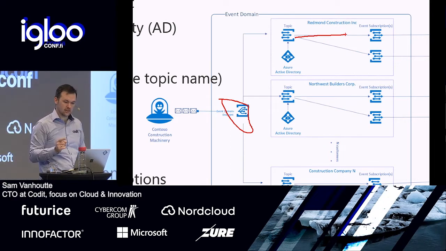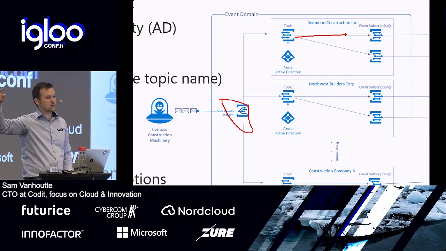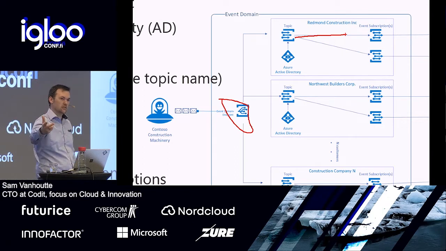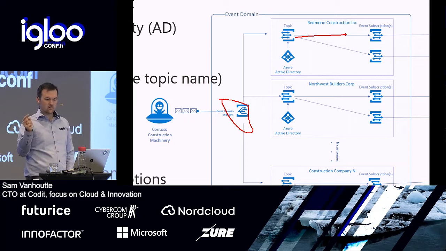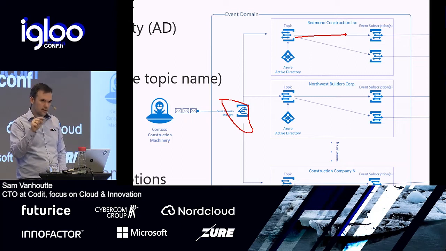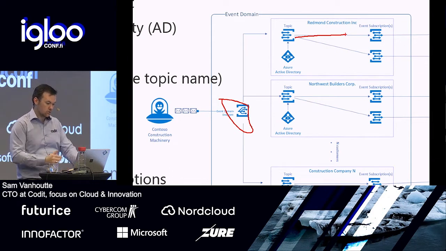What is also interesting is that on the receiving side, on the subscription side, so your customers, if you want, your tenants, they can subscribe to this topic, and they can use Azure Active Directory of their own tenant. So they can use that as an authentication mechanism to get access.